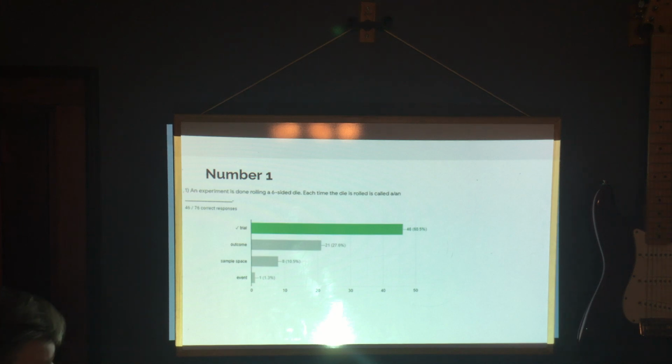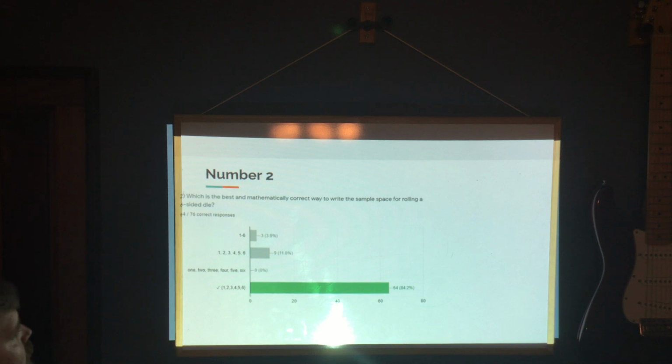The result of the trial is called the outcome. The sample space would be every possible outcome, and the event is what you would find the probability of, like the probability of rolling a 3, where the event would be rolling a 3. So every time we do that, it's called a trial. What we get is the outcome.